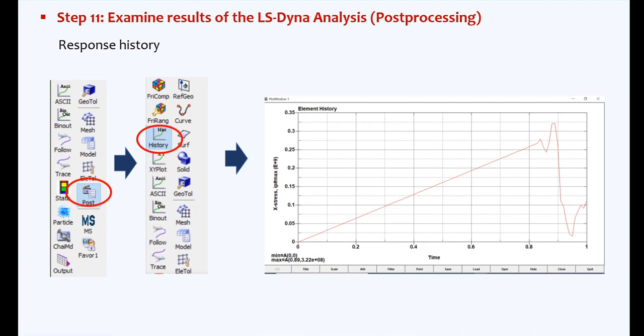If you click on History Variables, you select a particular node or element from your model, and you plot the X stress, Y stress, Z stress. You can plot all the stress and strain. You get a particular curve like this. This is the X stress obtained for the particular model. And that's how you do a complete analysis.